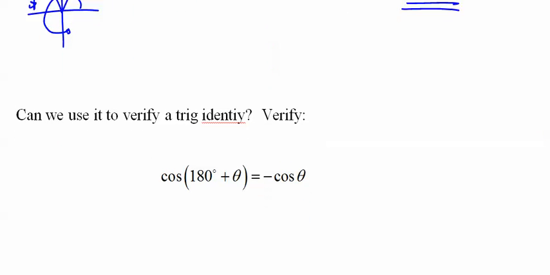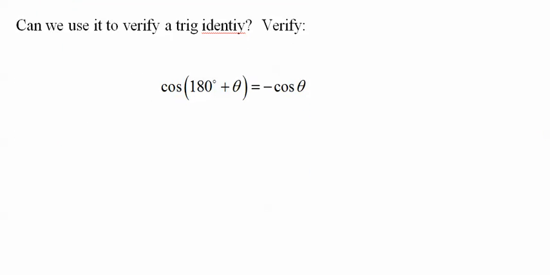And we can also use this to verify trig identities. This is ridiculously easy. Cosine goes cosine, cosine, cosine of 180, cosine of theta, sines flip, sine of 180, sine of theta.